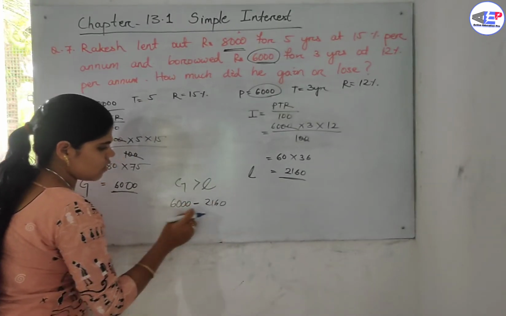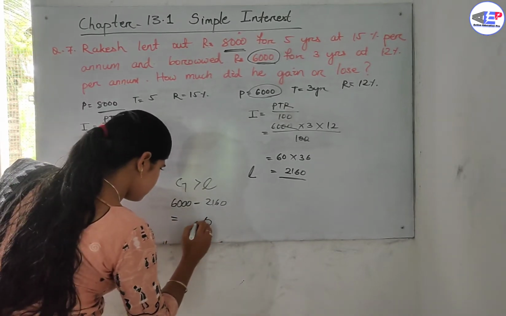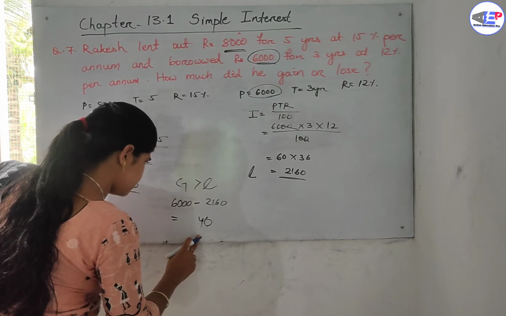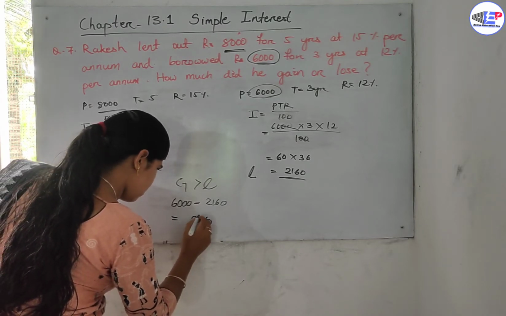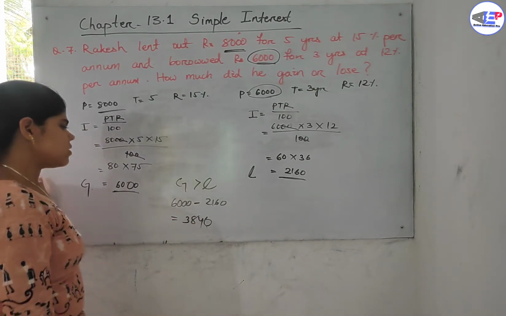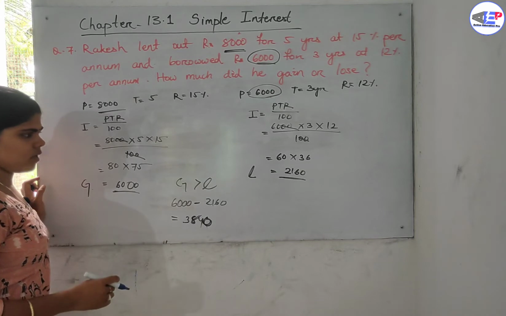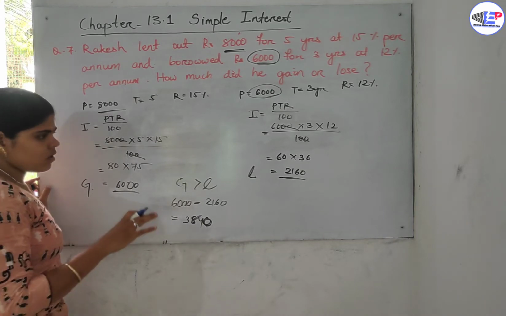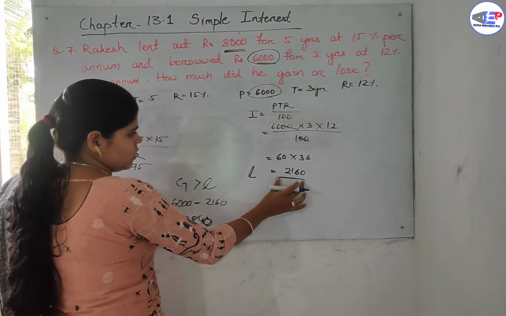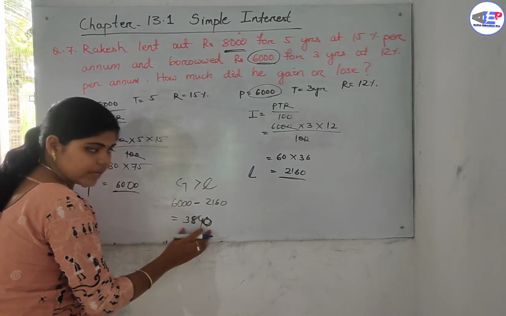Now subtract this value from the gain value. So that's why you will get 3,840. After giving this money, he has a remaining value. This is 3,840.